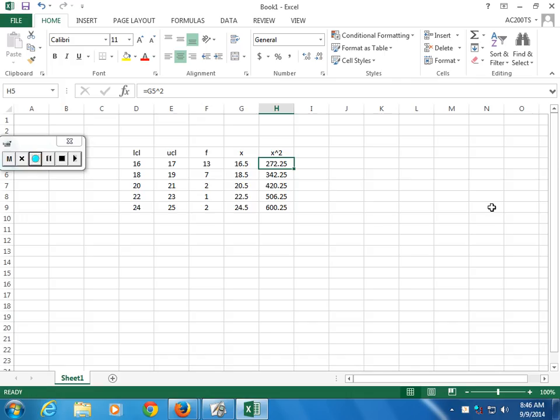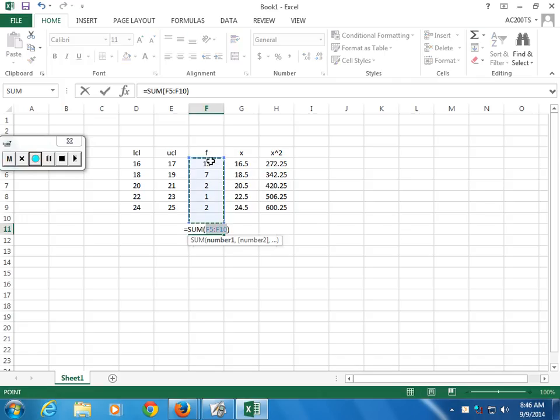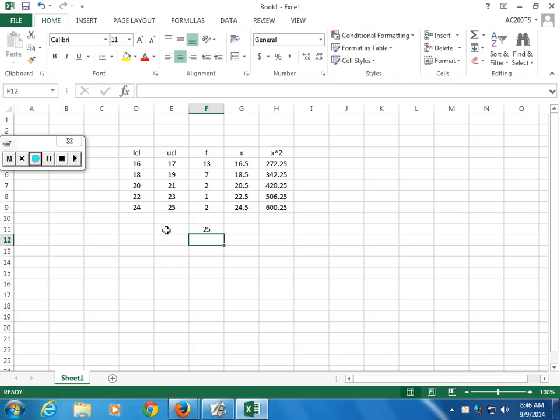Okay, now you have everything but n. Let me give you n. Summation, highlight those. N is equal to 25. Okay, now you have all your components for your formulas. Now all you have to do is just do what they say do. F times x would be first.